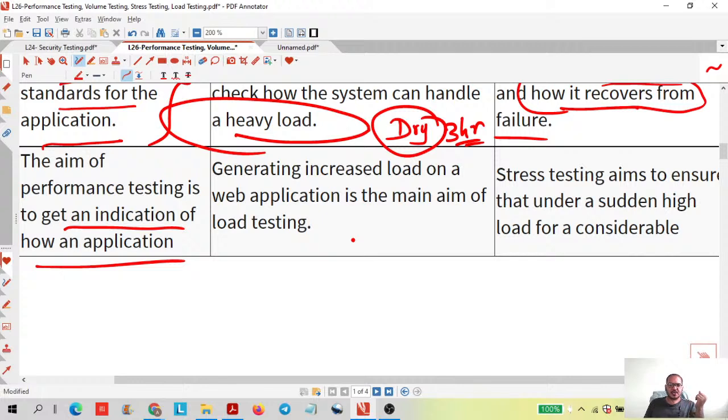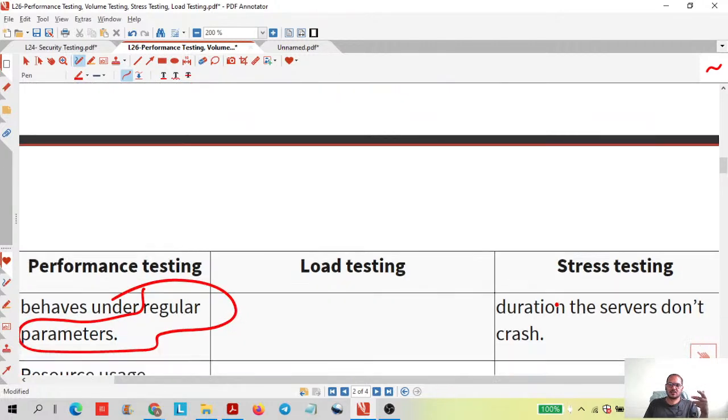The main aim of load testing is generating increased load on a web application, so that we are checking it. Stress testing aims to ensure that under a sudden high load, for some considerable duration, the server doesn't crash.